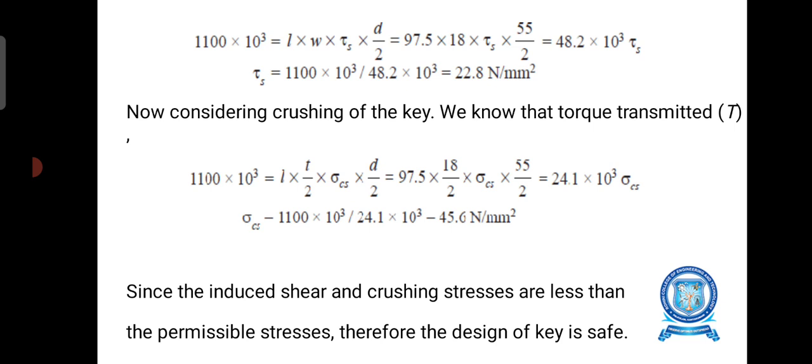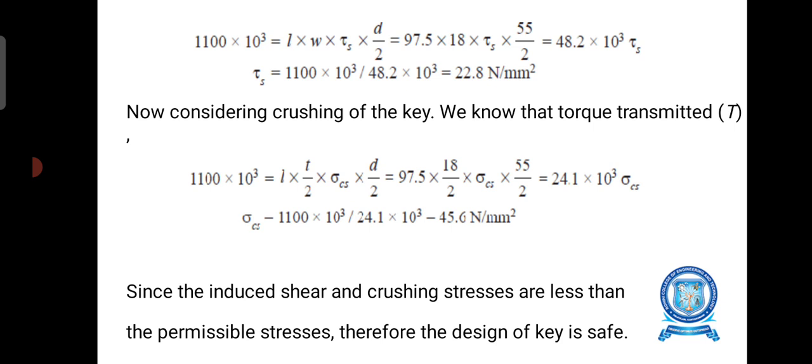After simplifying, we get sigma Cs equal to 45.6 Newton per millimeter square. Since the induced shear and crushing stresses are less than the permissible stresses, the design of the key is safe.